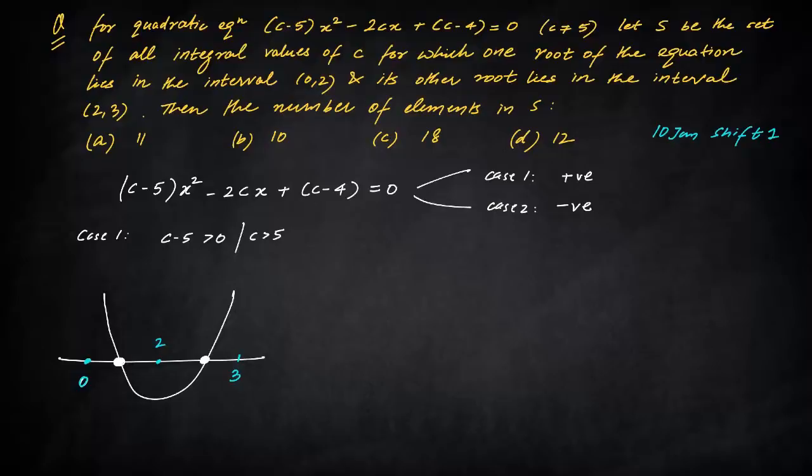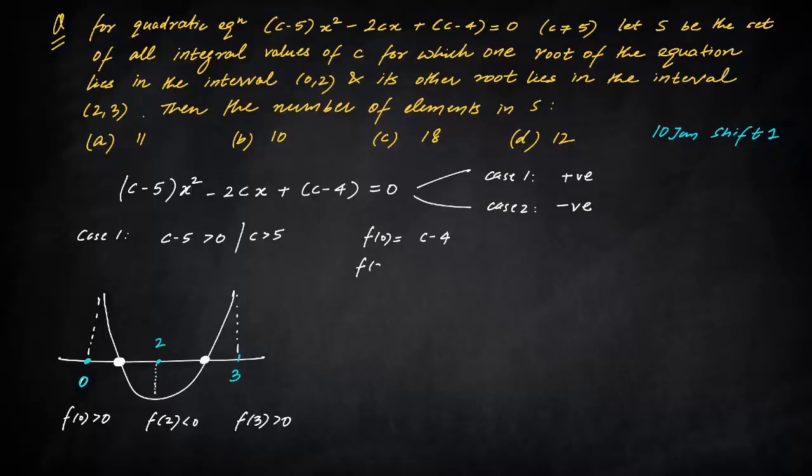If you notice how you will solve this, for this case, F0 is positive, F2 is negative, F3 is again positive. What do you mean by positive, negative? The values of the function at these particular points. These are the values. So if you see what is F0, let me just solve each and every value first. F0 is nothing but c minus 4.